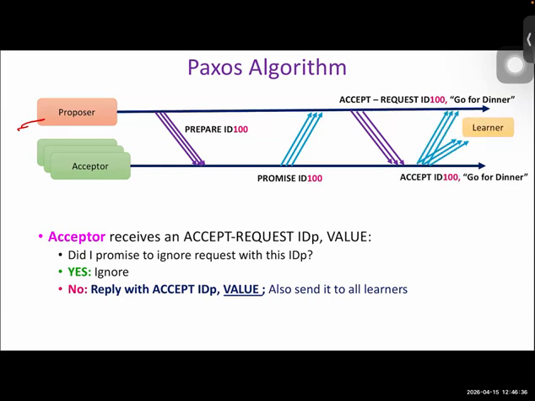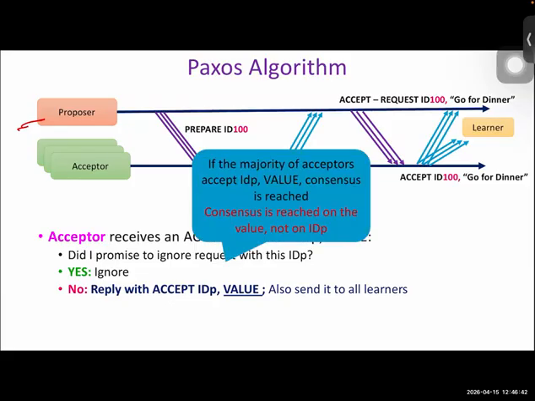Everyone becomes a learner. Next time, if any new proposal comes, its ID must be greater than this proposal ID. If the majority of acceptors accept this value, consensus is reached, and it is reached on the value, not on the ID.